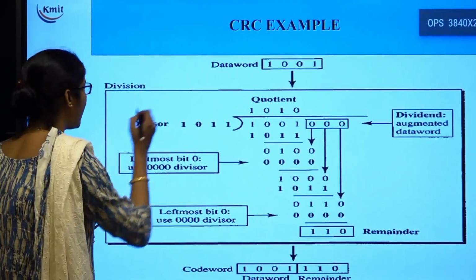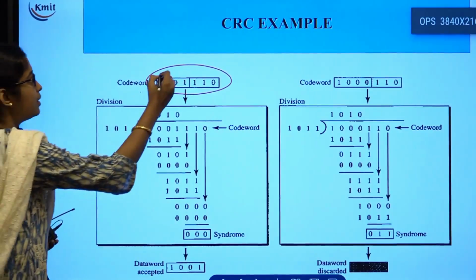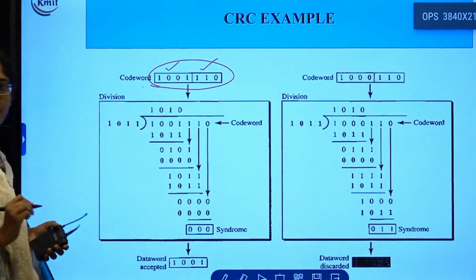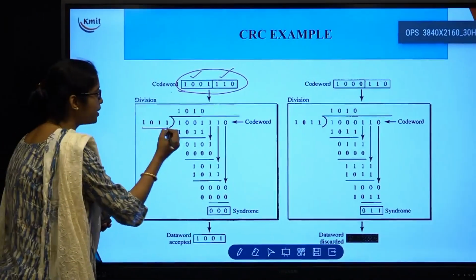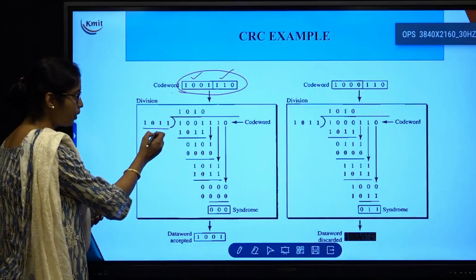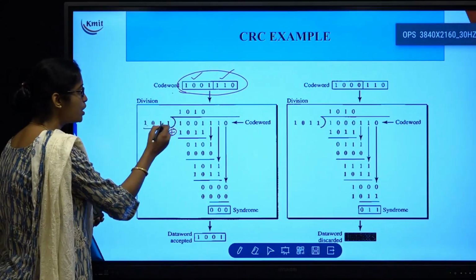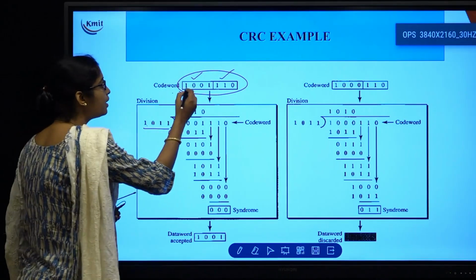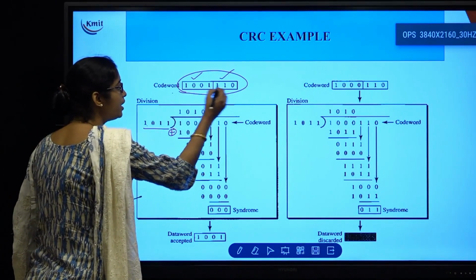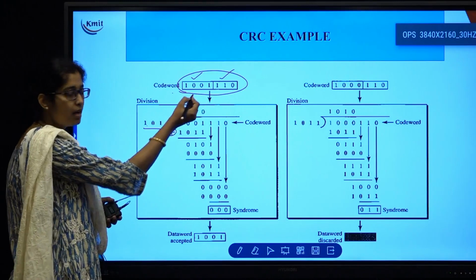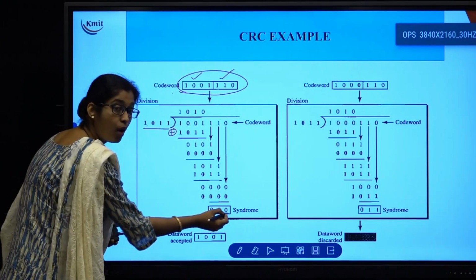Now this is the code word I have received: the data word along with the redundant information. This will be divided by the divisor. Again we do XOR division, 1011 with 1. You see that the code word has no change in the data that has been sent. So what should we get?